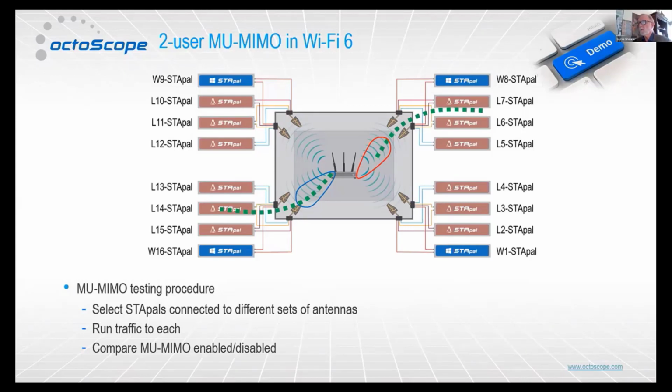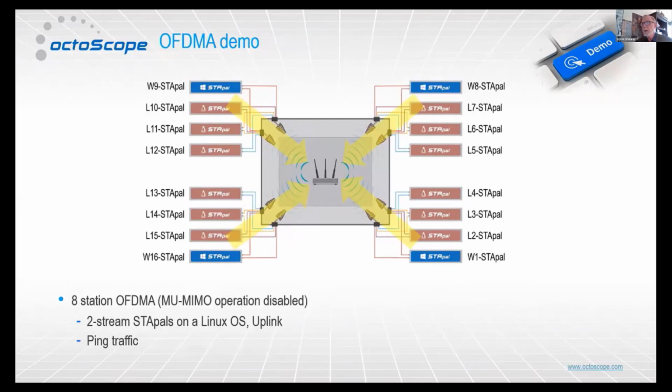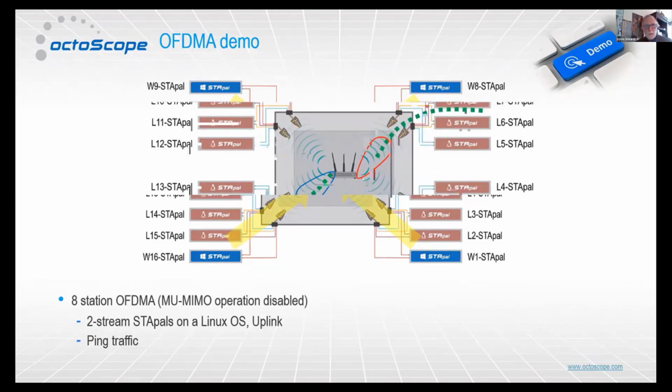So we're going to move on, and I'm going to show you an OFDMA demo. Here we're running with 8 stations in the palBox. We've disabled MU-MIMO operation.